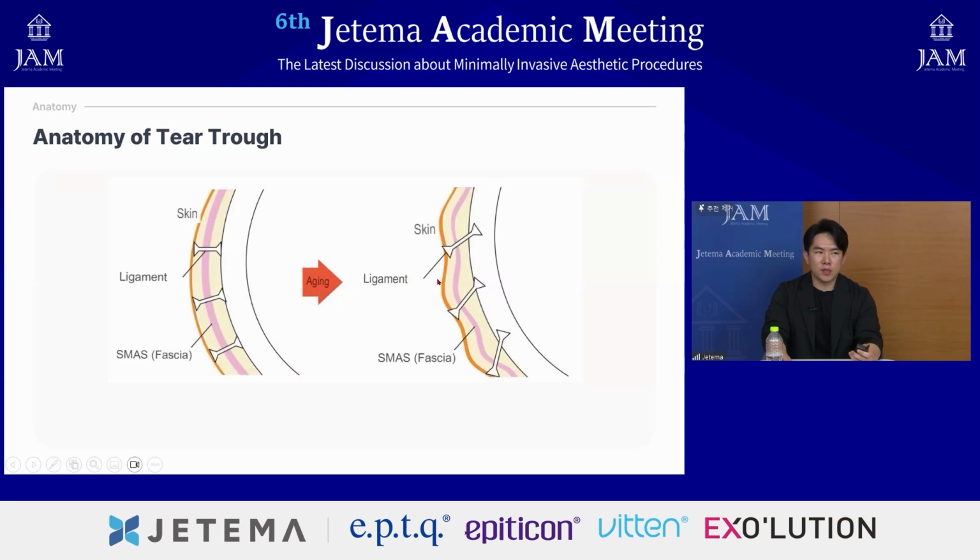So when the ligament retracts the part where the skin is connected, the hollowness appears much more. Comparing to the anatomic image I showed before, if this is the orbital retaining ligament, then this will be the tear-tooth hollowness. And if this is the zygomaticocutaneous ligament, this can be the hollowness with the nasojugal groove.